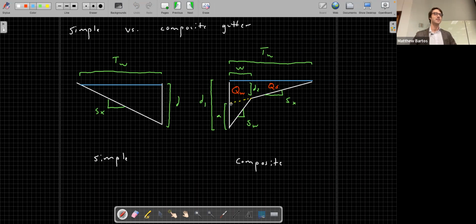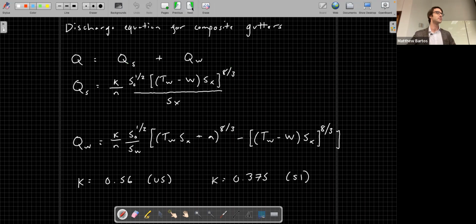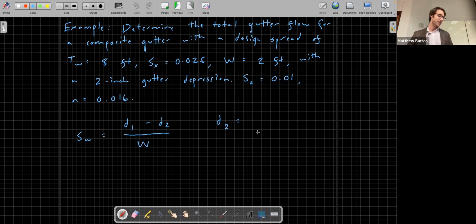No, the A is this section here. So it's sloped downwards here. I'll give you a hint. For D2, all we need to do is multiply this slope by this distance, from here to here. So we can take S_x times our design spread T_W minus W. So D2 is (T_W minus W) times our cross slope S_x.